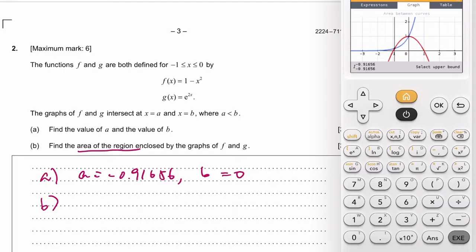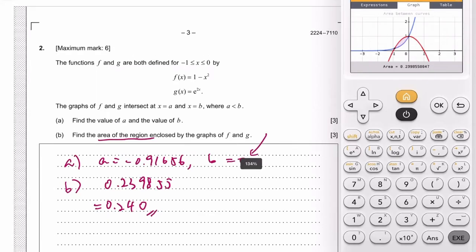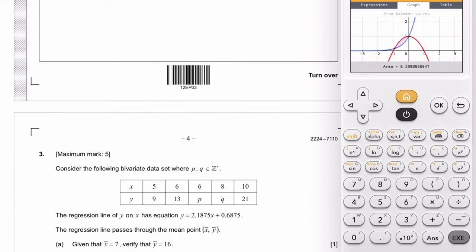The upper bound would be the bigger intersection, so 0. The area is 0.239855. So in 3 s.f. it is 0.240. So your calculator probably has similar functions. You need to learn to find it out.